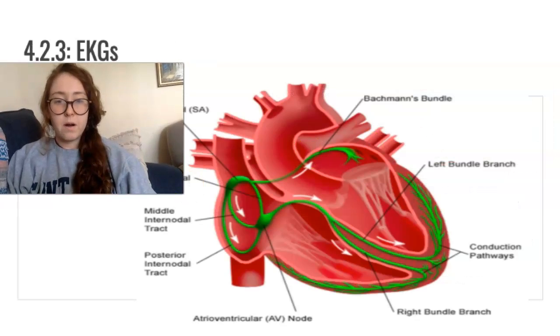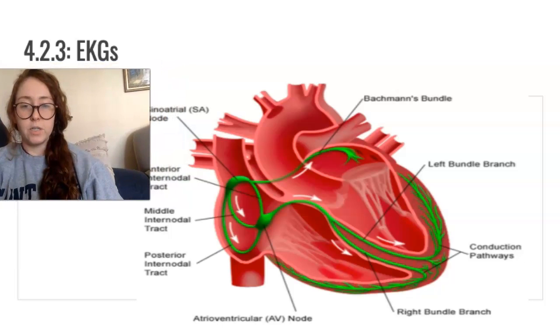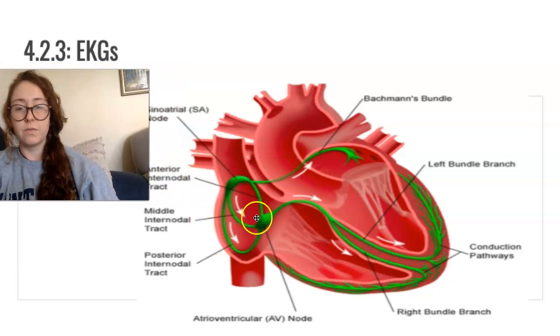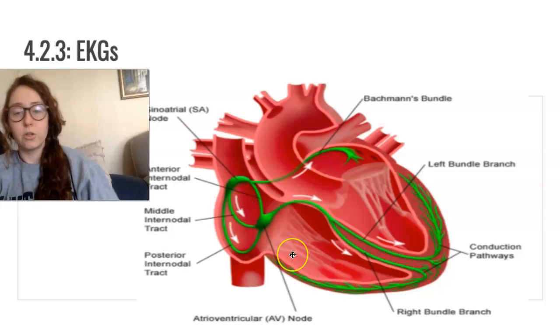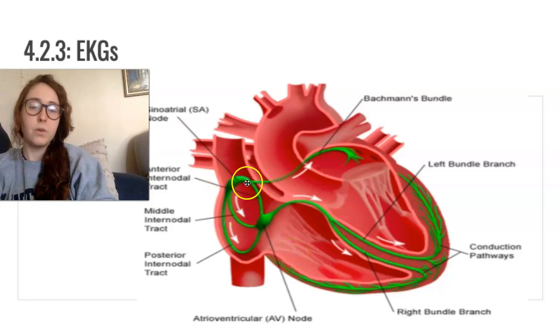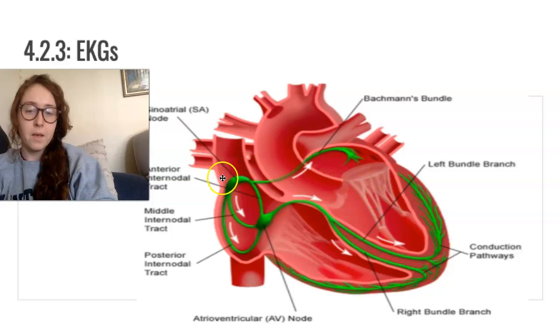Okay, so the last part of 4.2 was EKGs. I asked you to first map out the different electrical systems in the heart. At this point, you should know that the sinoatrial node is called the pacemaker of the heart. This is what initiates the electrical signal to cause a heartbeat. The SA node sends out that electrical signal, you can see these arrows, and that causes the atria to contract.